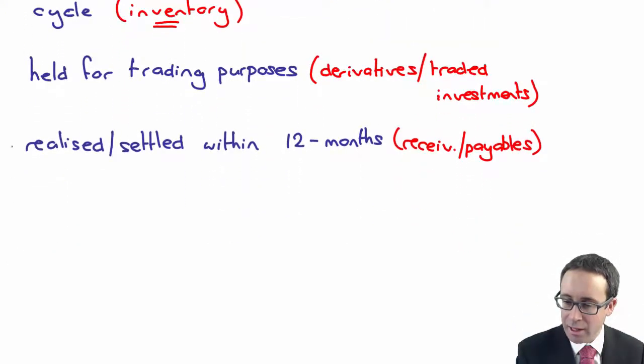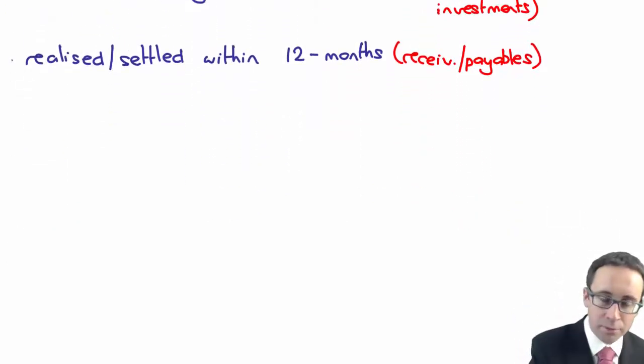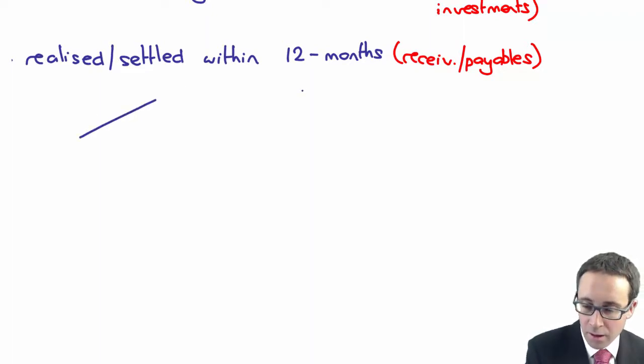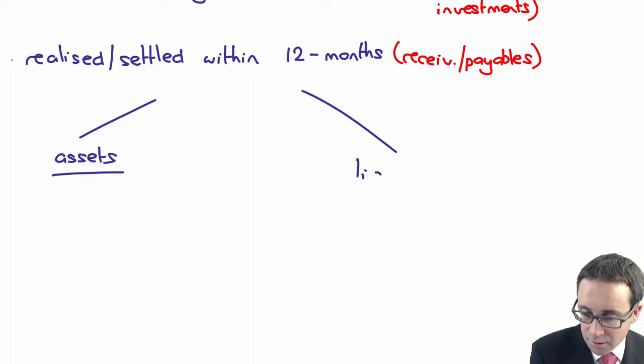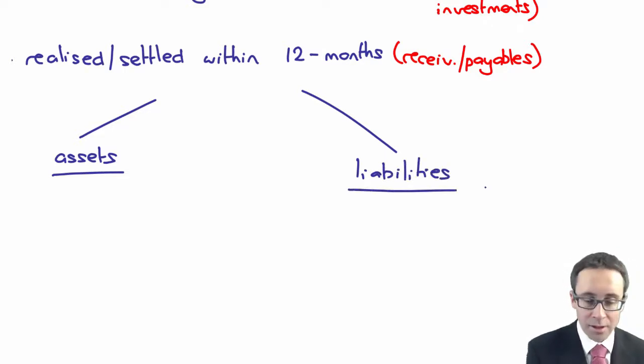Just bits and pieces. I think maybe it's going a little bit too far at these early days, but just to be aware, what you have there is some specific further definitions to do with your current assets and also your current liabilities.